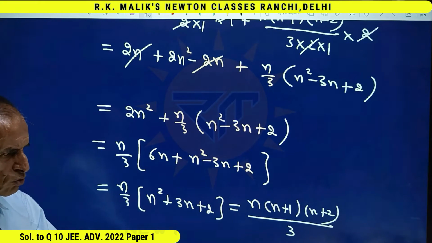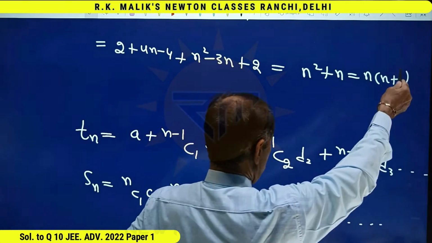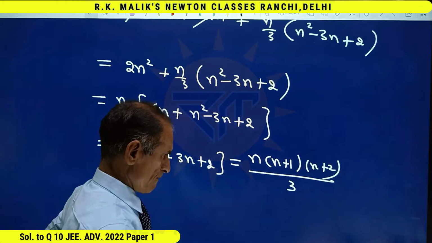And those students who have seen my video lecture of sequence and series of JEE mains level can easily see directly, without calculating even a single word on paper, that if the nth term is this, the sum of n terms is going to be this.